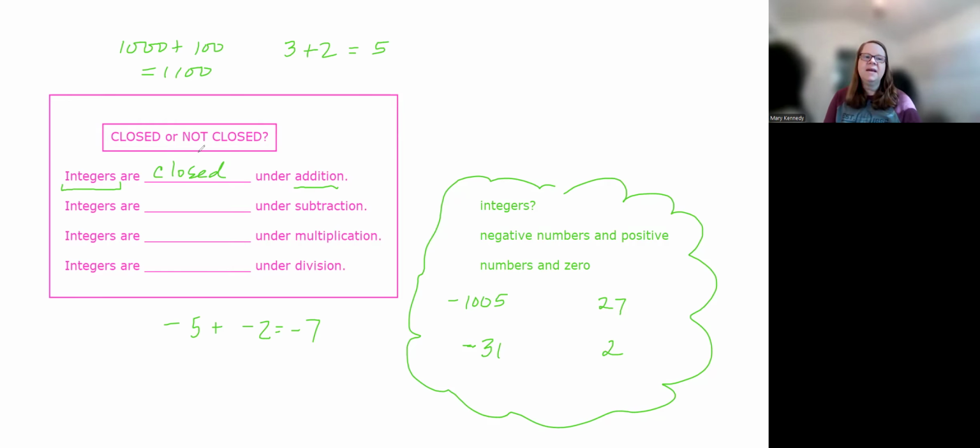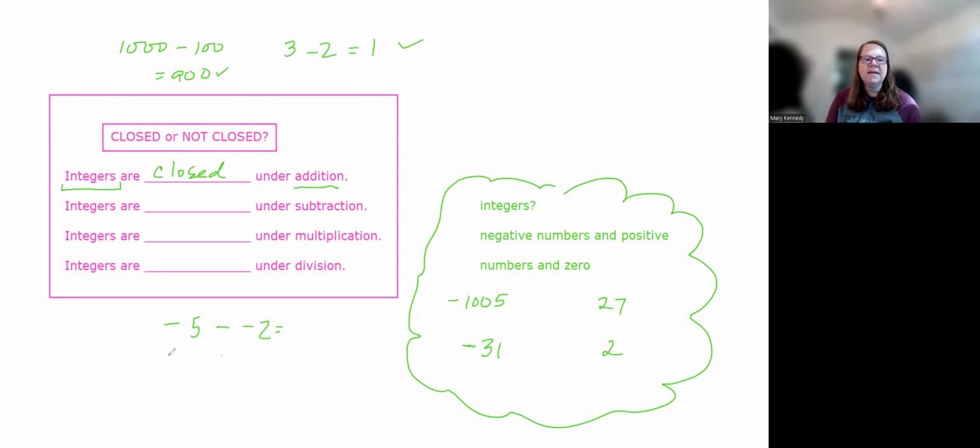Okay, now let's think about what if we were going to subtract these numbers? Do we still get an integer? That's the question. If we subtract these numbers, 1,000 minus 100 is 900. Yes, that's still an integer. 3 minus 2 is 1, still an integer.